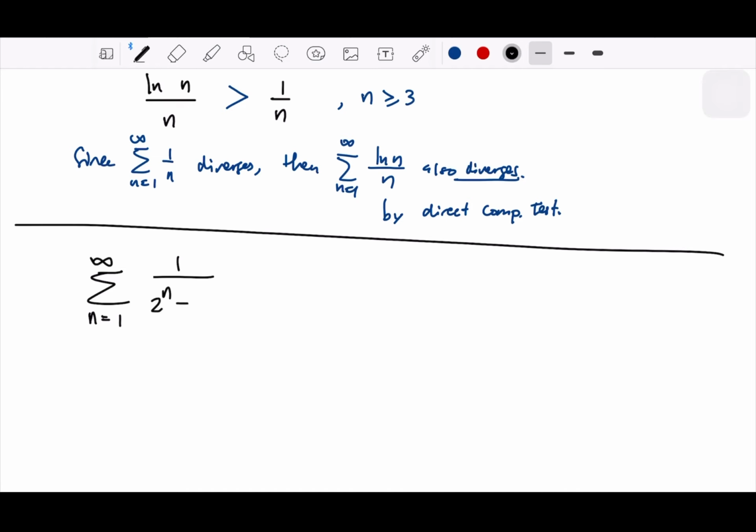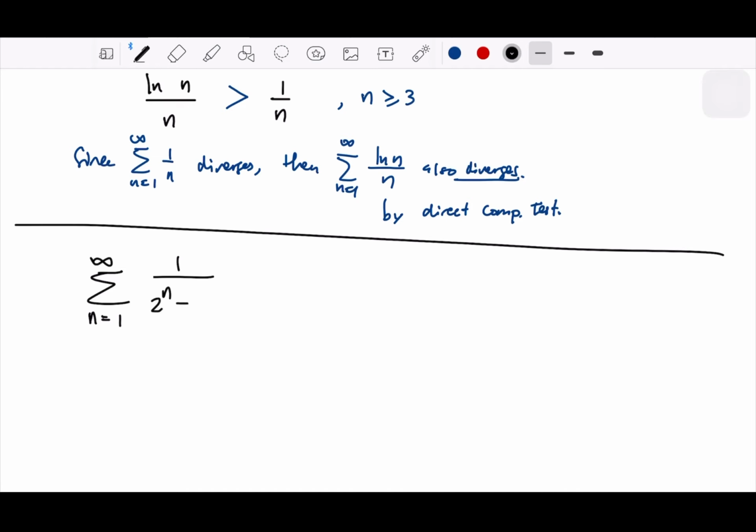But from this inequality, what we get is that it's greater, and from the direct comparison test, we cannot really conclude if this is convergent or divergent.